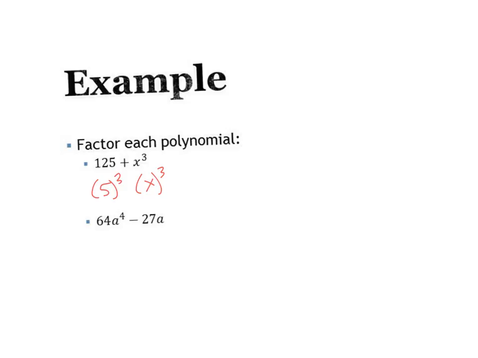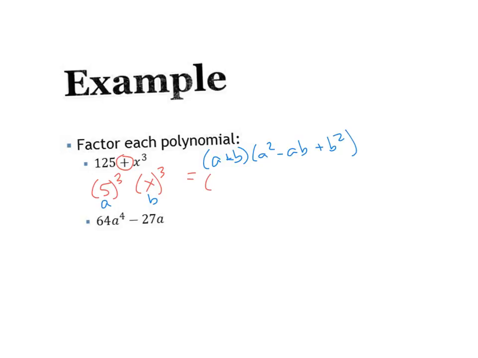So this is the sum of two cubes. Just using our pattern, this is going to go in for a, this is going to go in for b, and our pattern for a sum of two cubes was a plus b times a squared minus ab plus b squared. So I'm just going to put things in where they go.